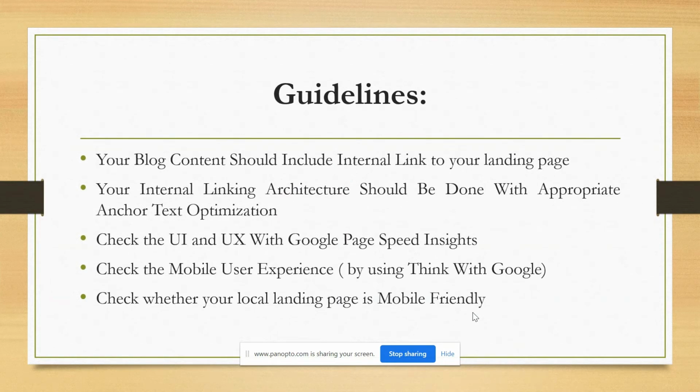Now, what are the guidelines you have to keep in mind? The blog content should include an internal link to your landing page. Second, your internal linking architecture should be done with appropriate anchor text optimization. Then you have to check the UI and UX with Google PageSpeed Insights.